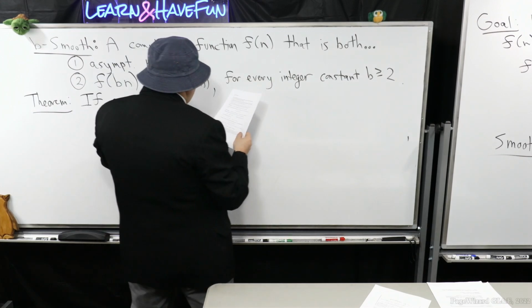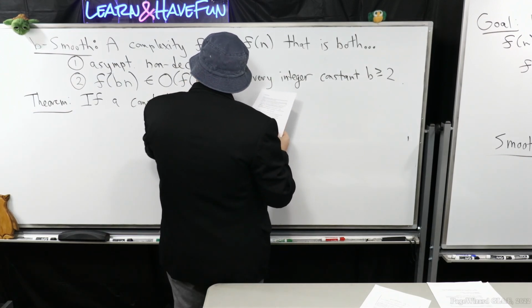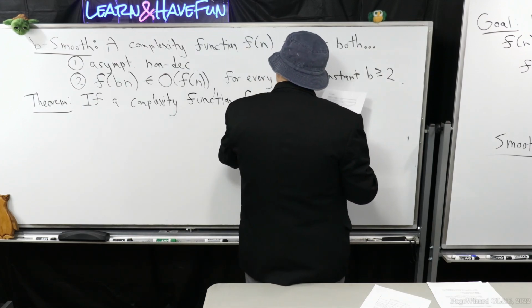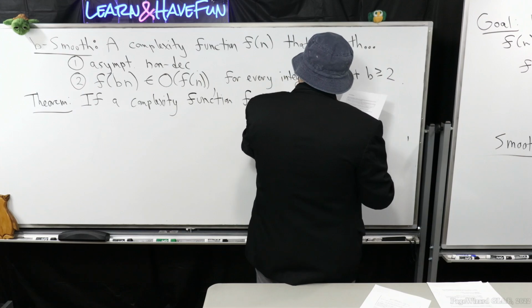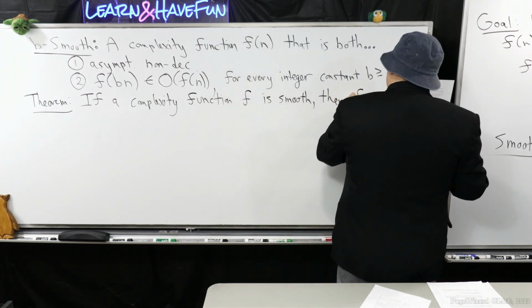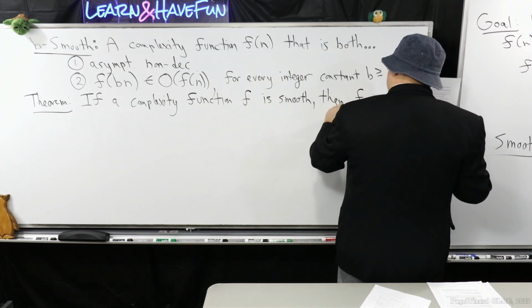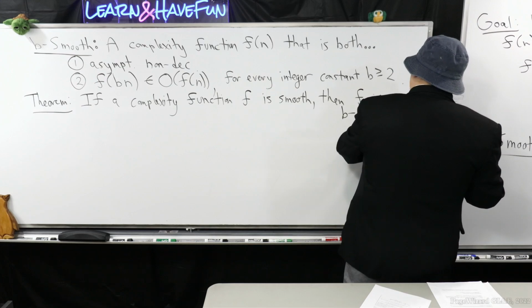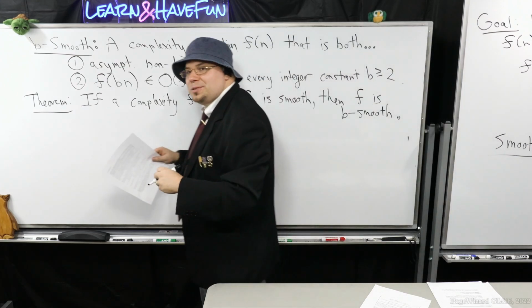So if a complexity function f is smooth, then f is b-smooth. So that's the claim. If you give me a smooth function, it has to be b-smooth.